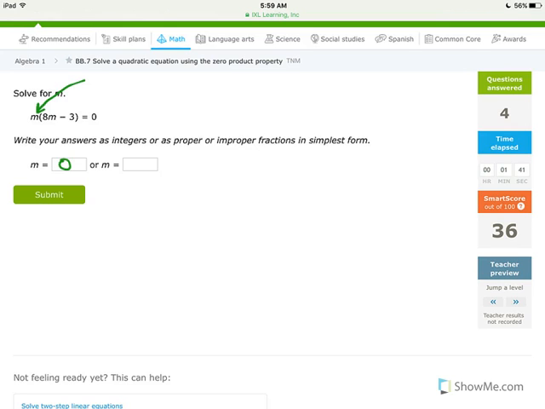And this is where people get to a point where maybe they can't do these in their head quite yet. How can 8m minus 3 be a value of 0 is what we're asking. And now you have a quick little linear equation that you could solve. So you might have to go through a couple solving steps before you can do these in your head. So how would you solve this for m?